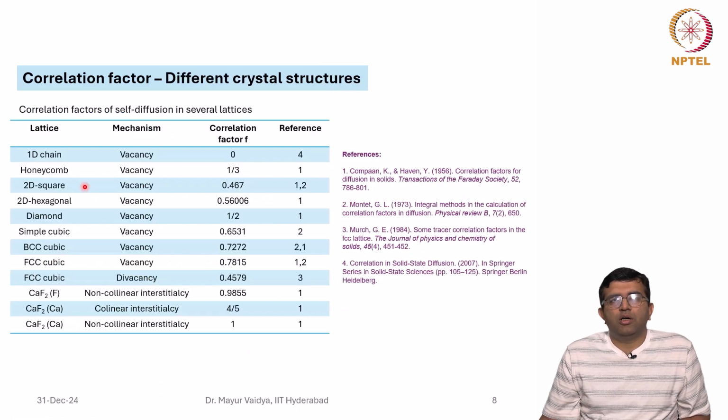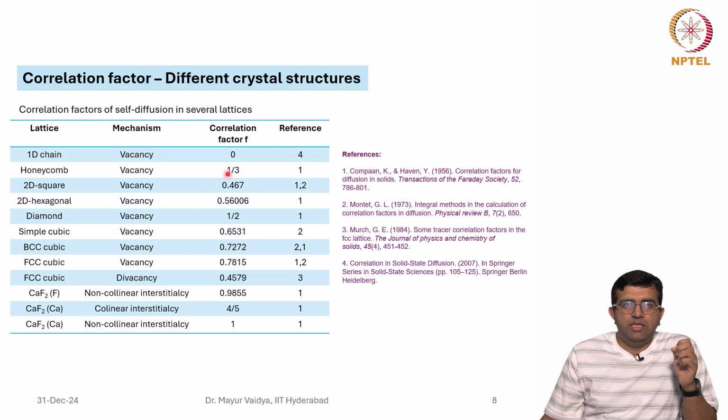So, here are the correlation factors given for several of the structures. You can see, for example, honeycomb structure, then 2D square, 2D hexagonal, diamond, simple cubic, BCC, FCC, FCC also. You notice a couple of things here.